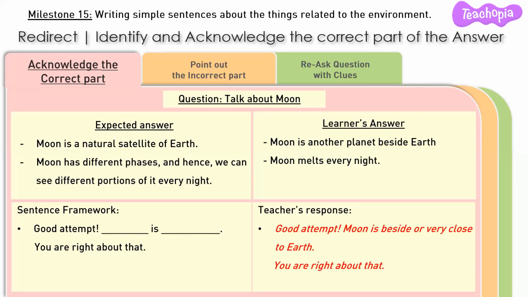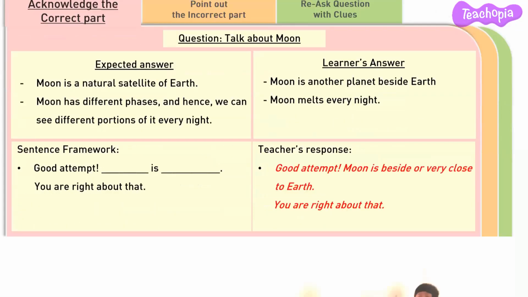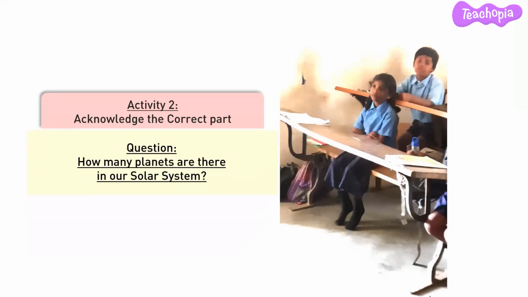So the students get a little encouraged, saying, okay, I have said something right. And the teacher is pointing that out in front of the entire class. So that is the note on which we want to try and deal with incorrect answers. So here's the video, as we had spoken about earlier, to show you how we can actually try and manage incorrect answers.